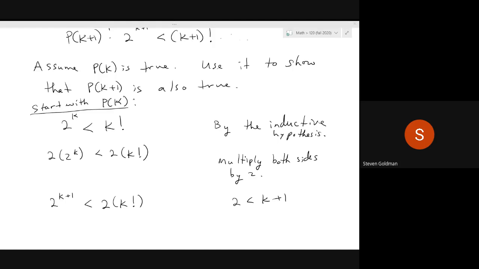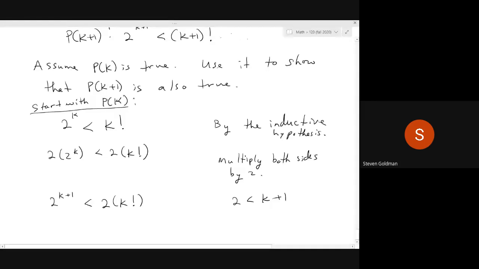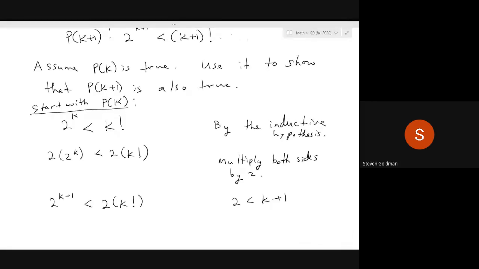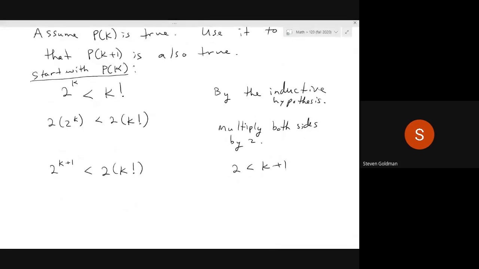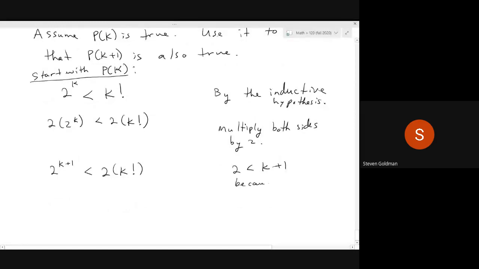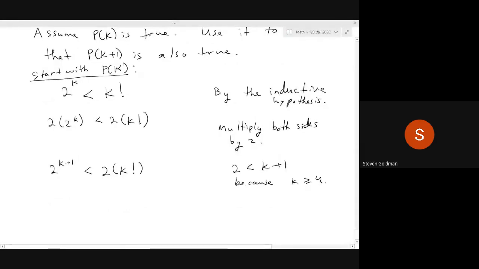What is the smallest number that k can be? If the smallest number that k can be is 4, then the smallest that k plus 1 could be is 5. So k plus 1 will always be 5 or more, so k plus 1 is certainly more than 2. Is that clear? Great. So 2 is always less than k plus 1 because k is greater than or equal to 4.